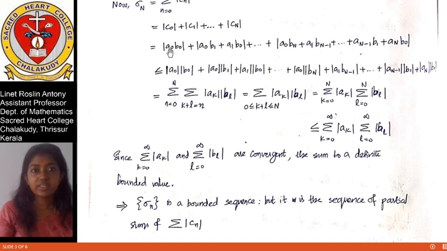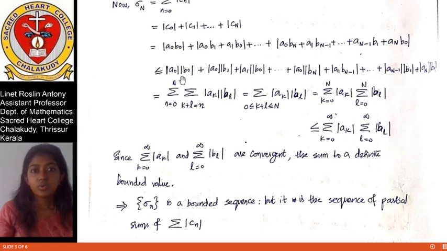And so we can write this equality as an inequality. This is less than or equal to modulus of A0 into modulus of B0 plus, we are splitting these two terms using the triangle inequality, that's why here we have less than or equal to, and then using the product of modulus property, you have this line sitting here.